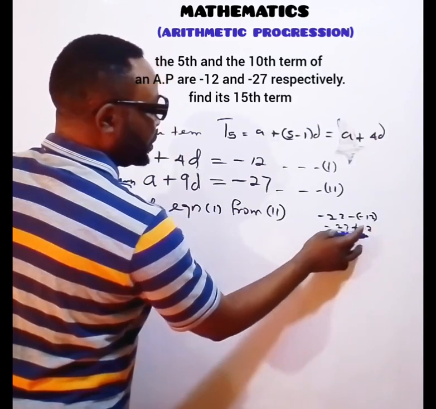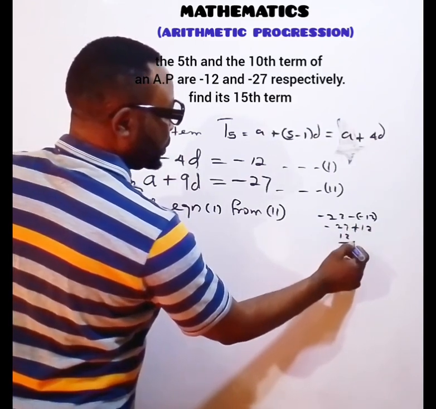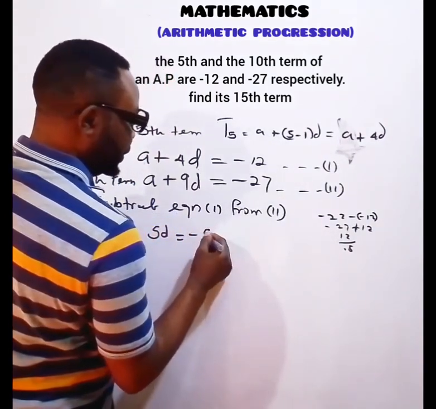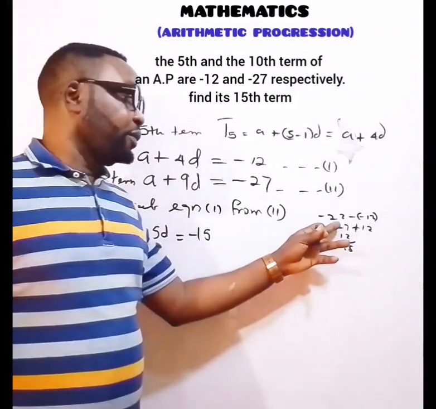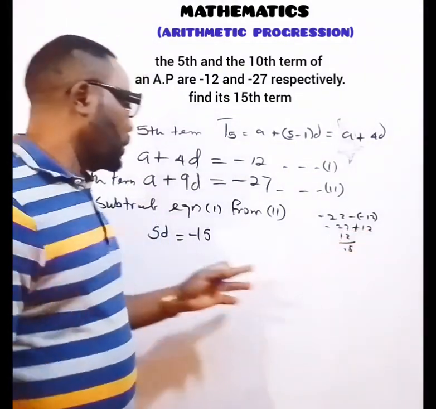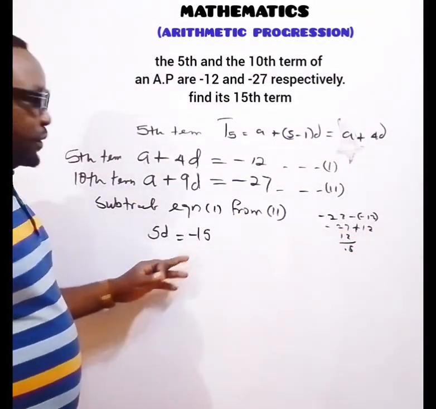Minus 27 plus 12 will be equal to minus 15. Don't forget that the value that has a negative sign is greater than the one with a positive sign. Definitely, what we are going to have there will be a negative value.